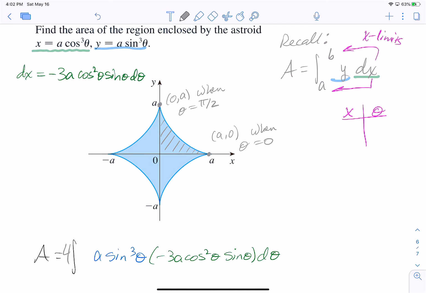Now, in that first quadrant, x goes from 0 to a. When x is 0, that associates with theta equaling pi over 2. When x is a, that associates with theta equaling 0.